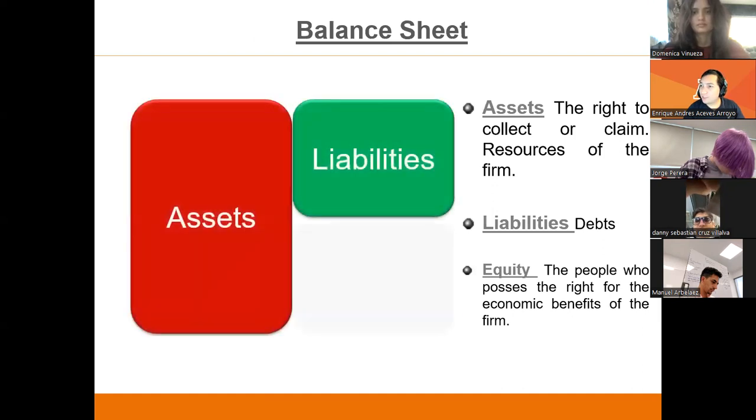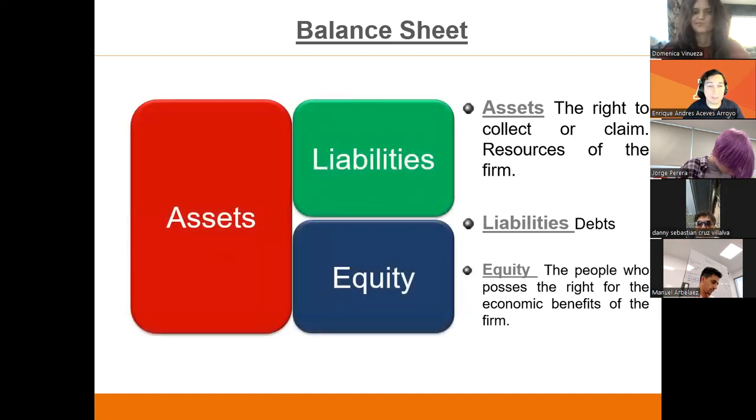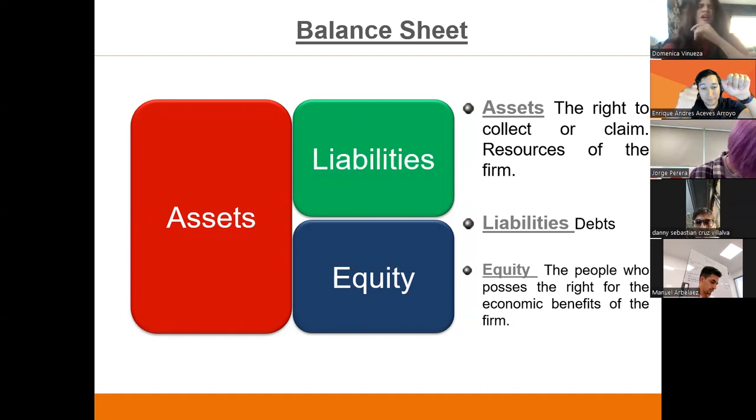So the balance sheet has assets. Guys, these definitions. You will have to learn 6 definitions: assets, liabilities, equity, income, cost, and expense. And remember, my goal in all the courses is that you will be able to understand what an asset, liability, equity, income, cost, and expense are.